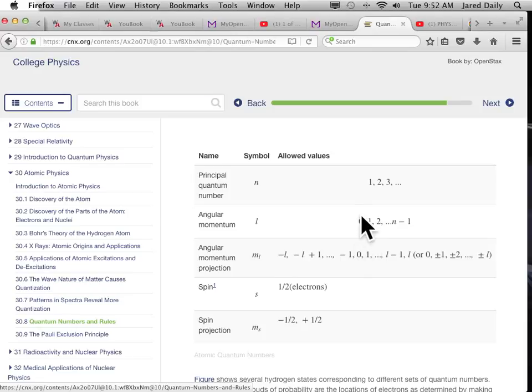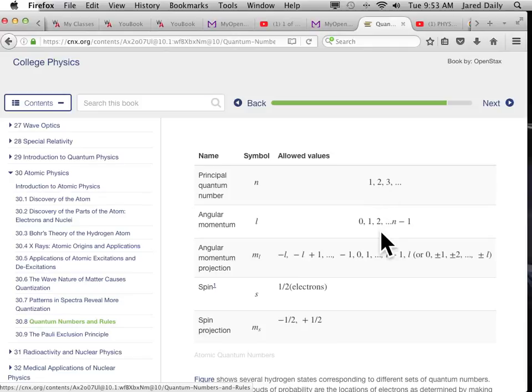Now, if we're in the n equals 2 state, in other words, if our electron has jumped up to a higher orbital, it has more options. The higher the orbital, the further you are away from the atom, the more options you have for more energy levels as an electron.